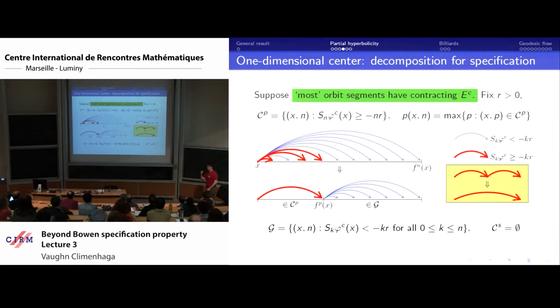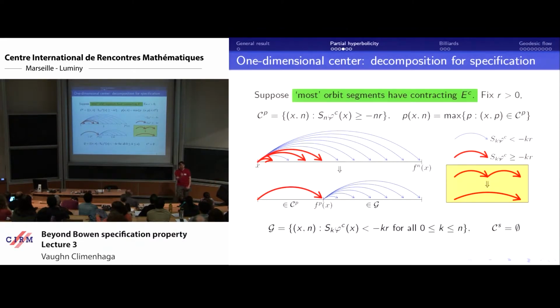Either it will be contracting quickly enough, so blue is good, these are the good guys, or it will not be contracting quickly enough, and it's bad, and these are the red guys. So you have some good guys, some bad guys, fine. Take the longest bad guy. So this is p of xn. And of course that original guy is in CP, your prefix collection, that's just the definition.